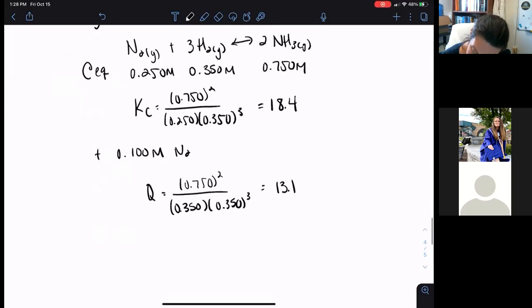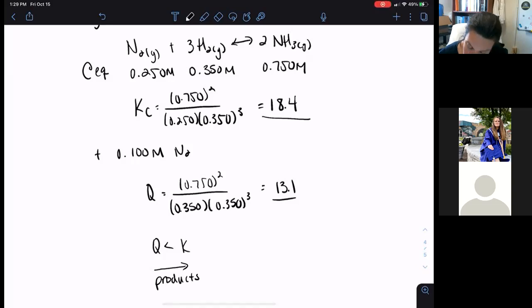We can see that our Q is less than our K, which means we need to shift towards products. And that's exactly what Le Chatelier's principle tells us without so much math.